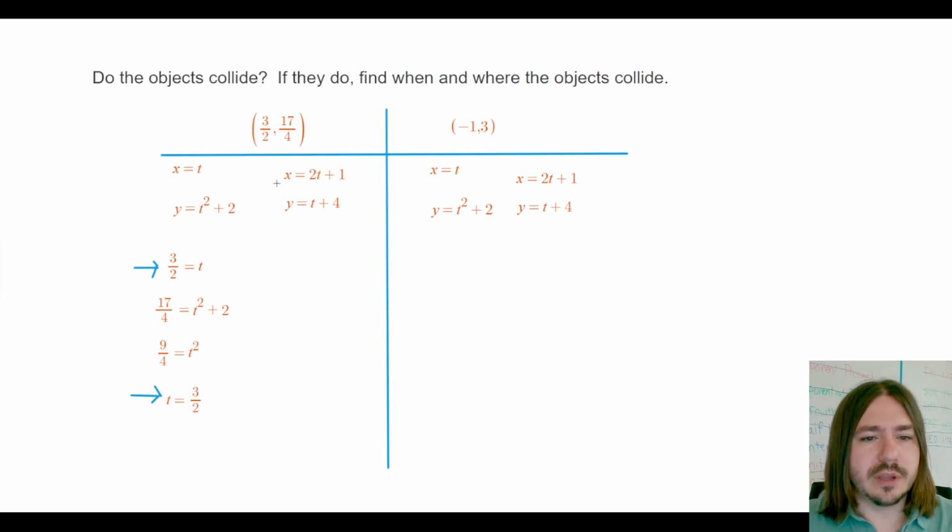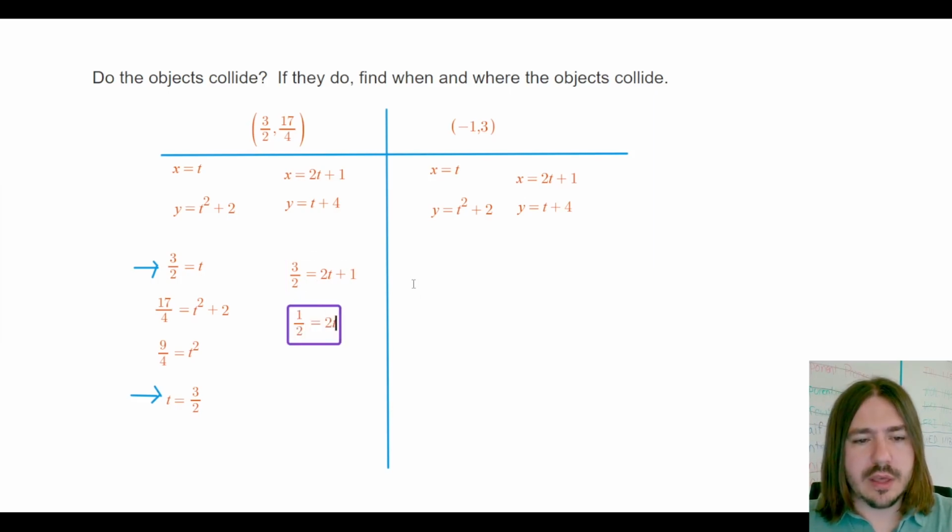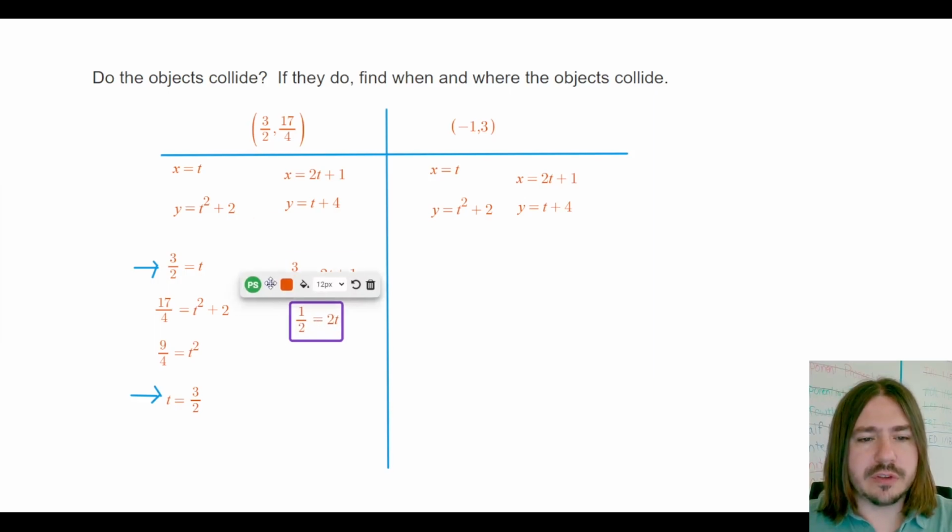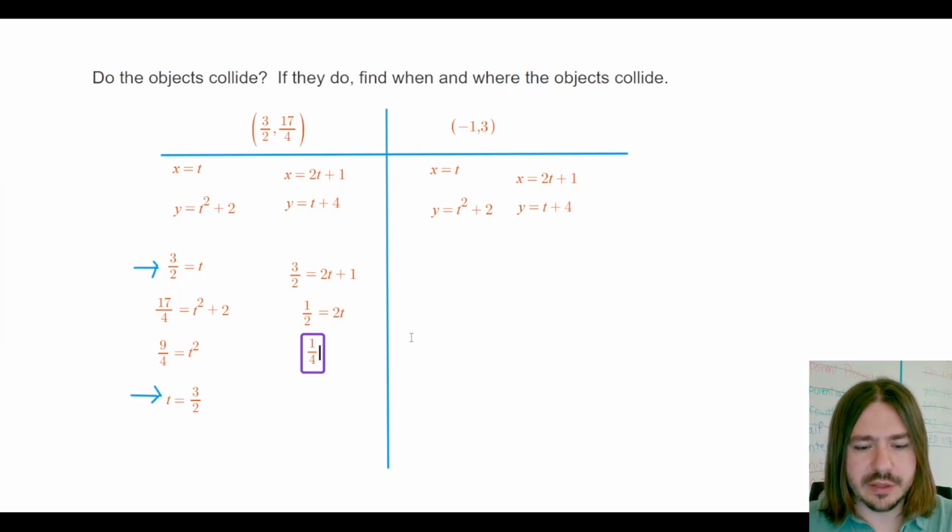So the first one says x, which we said is 3/2, is equal to 2t plus 1. So we're going to subtract 1 from both sides. It's going to give me 1/2 equals 2t. And then divide both sides by, looks like this is not going to be a collision.